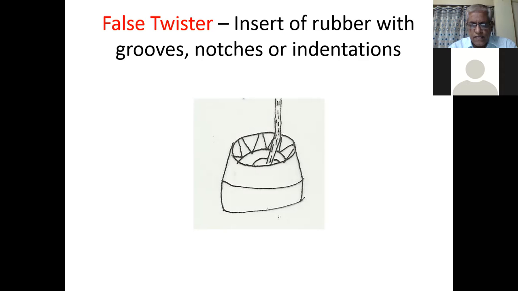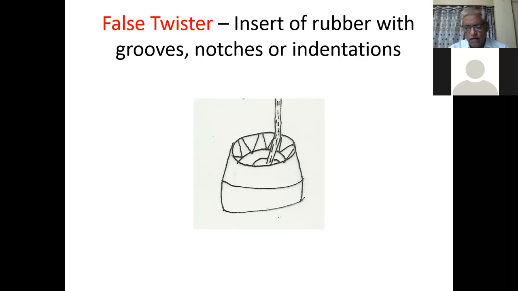This false twister is used in the simplex, and it is put on the top of the flyer. Care should be taken that the false twister should have the same number of grooves or notches throughout the simplex. For the same lot, the number of grooves in the false twister should be the same throughout the simplex.